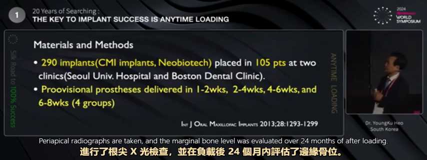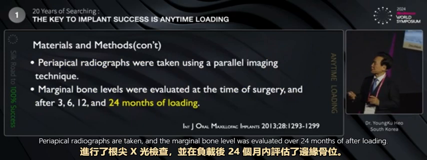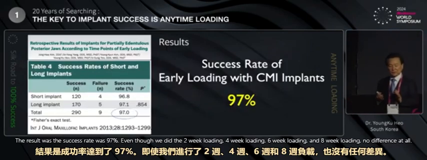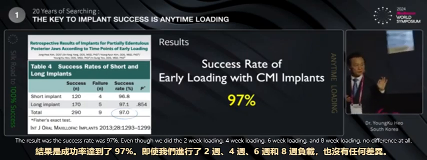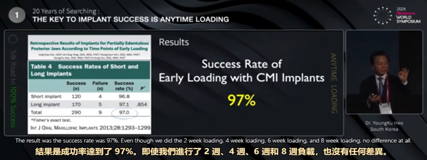The periapical radiograph was taken, and the marginal bone loss level was evaluated at 24 months of loading. So the result was the success rate was 97%, even though we did 2 weeks loading, 4 weeks loading, 6 weeks loading and 8 weeks loading. No difference at all.